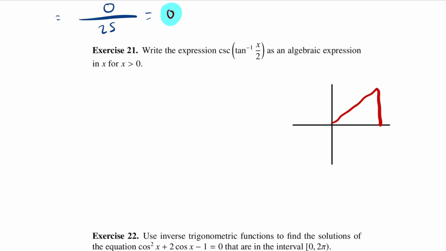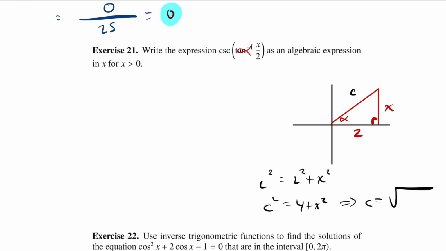I'm going to call the angle alpha, and that is opposite over adjacent. If you do the Pythagorean theorem, we'll call that c for now. C squared is equal to a squared plus b squared. So c squared is 4 plus x squared, which means that c is the square root of 4 plus x squared. So now we have the hypotenuse is the square root of 4 plus x squared.